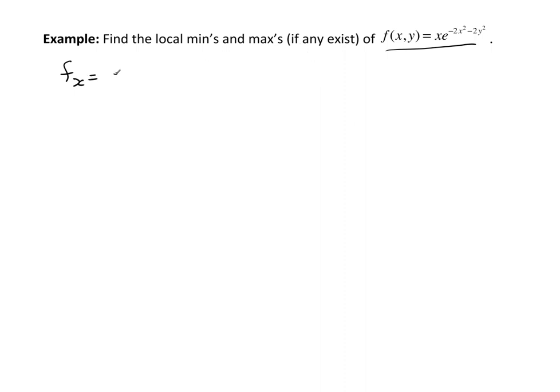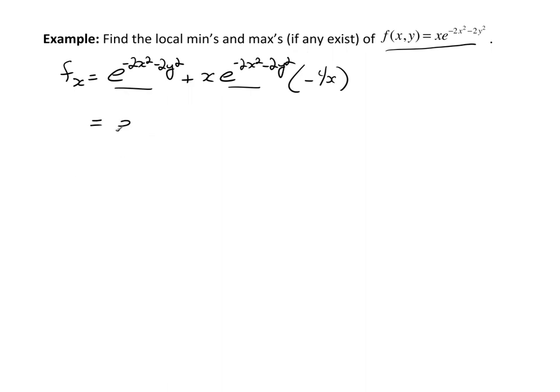Now the product rule, this is going to be e to the negative 2x squared minus 2y squared plus x times e to the negative 2x squared minus 2y squared times negative 4x. And I think I'm going to factor out the exponential function there.